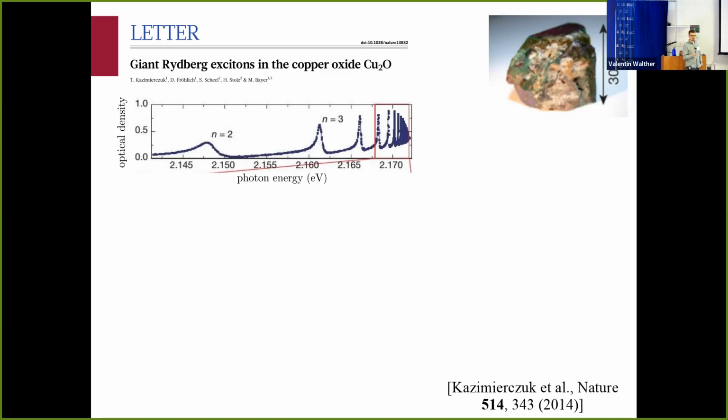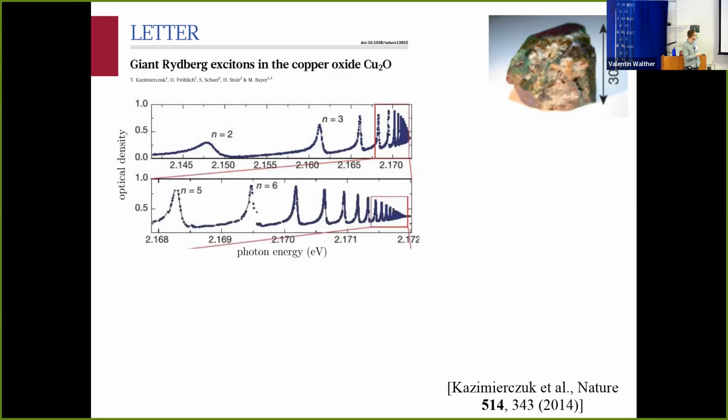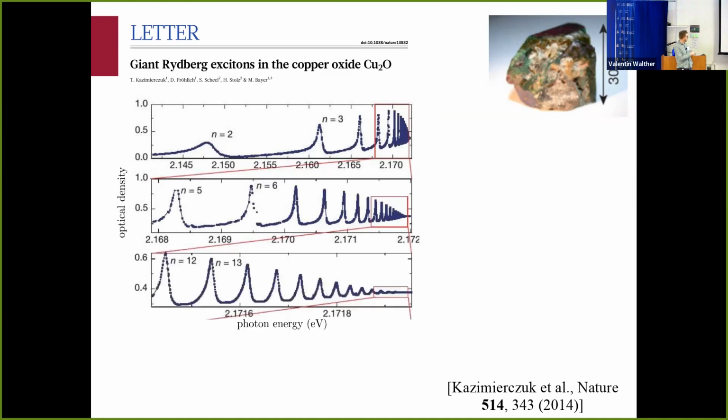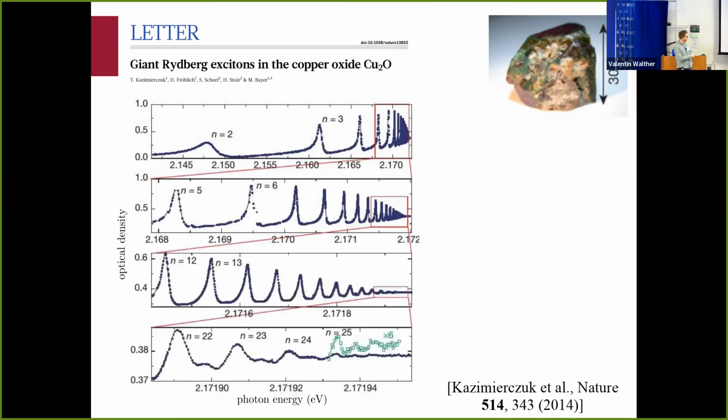They now have better cryostats and better lasers. Instead of seeing maybe one exciton, a second, maybe a third, all of a sudden they could resolve an entire zoo of states. We see the optical density, so how much light is absorbed by the crystal, as a function of the input photon energy. You can zoom into this zoo at the end, and you see that it continues and continues, so you end up with lots of states, up to n equals 25.